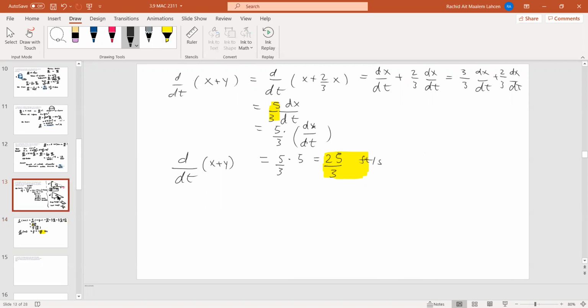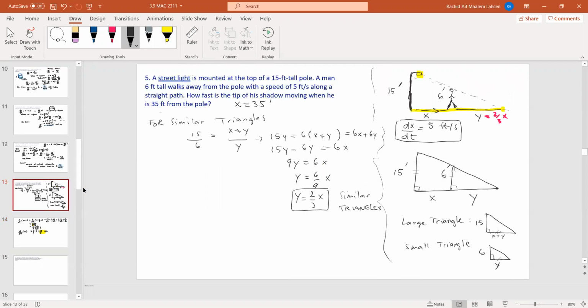All right, so the summary for this problem is you're given dx/dt, but you want how this part here is changing. So you want the x and the y added together. So the question is about this changing, right? And how it's connected to this one.